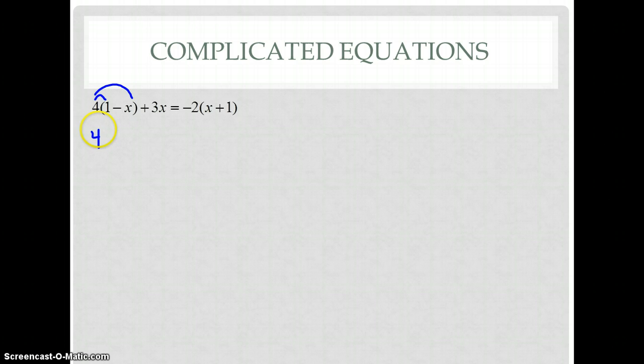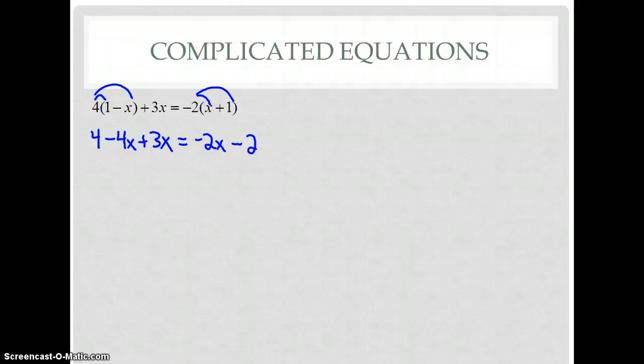I get 4 minus 4x plus 3x is equal to negative 2x minus 2. Now, before we start to take things onto both sides of the equation, I need a constant and one variable term.